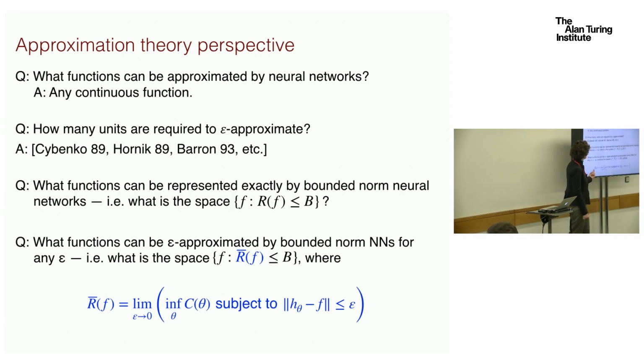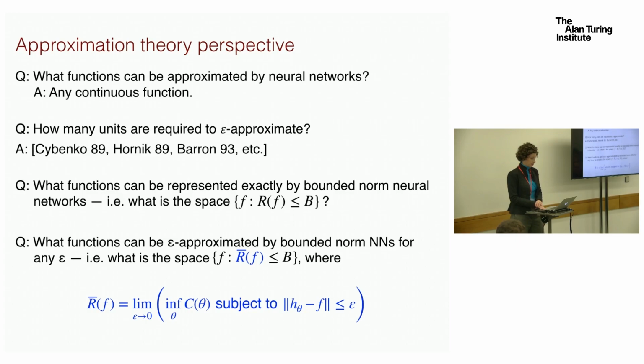Then I'm going to look at the limit of that as epsilon goes to 0. So this is a slight variant on the notion of function space representation that we're interested in, and this is the function that we'd like to understand.